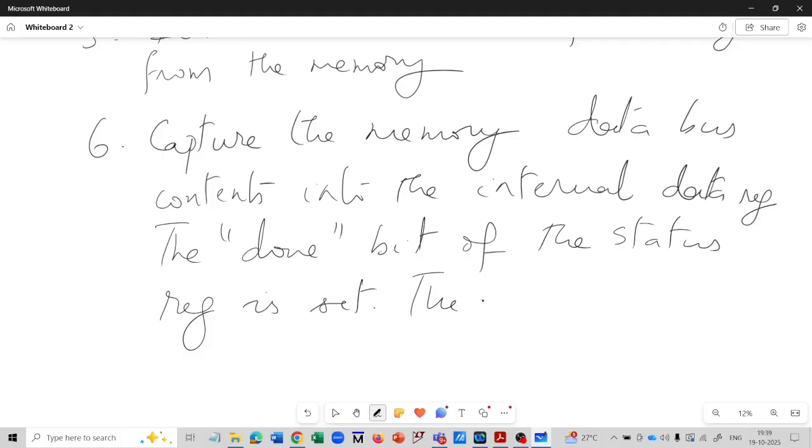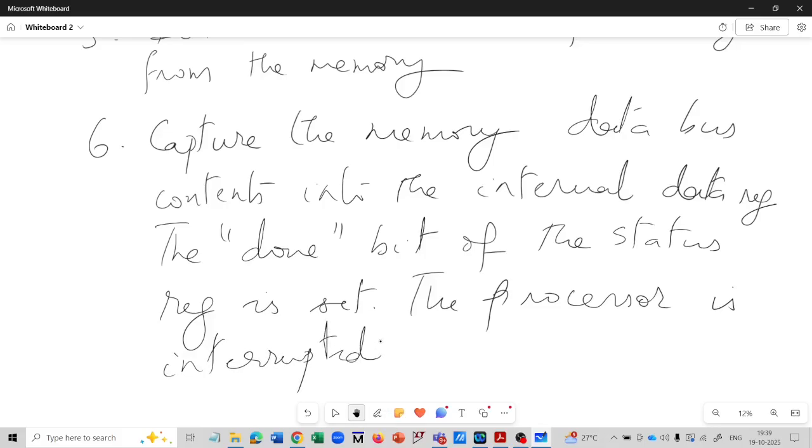Also, the processor is interrupted. This completes the transaction on the memory side.